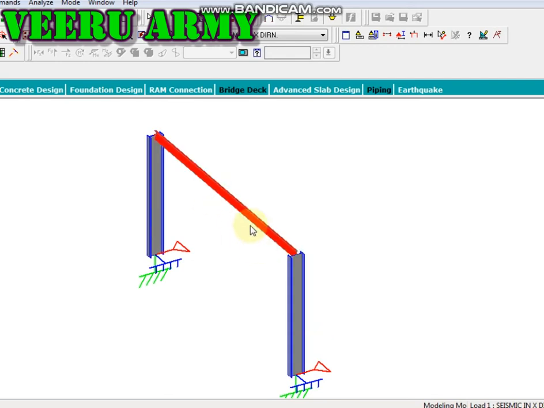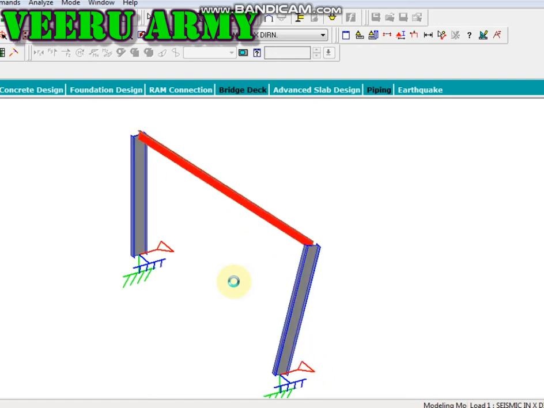act as an effective member because it does not take compression, and when a member does not take compression, we cannot call the member effective in taking a load. Okay, so this girt does not take compression when the column moves in that fashion.